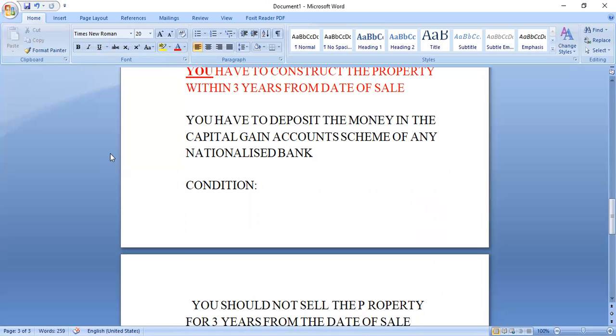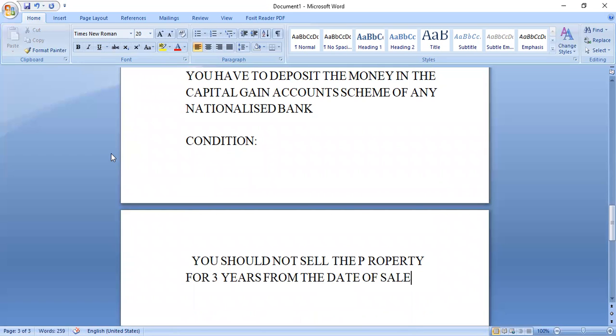What does it mean? After buying a new property, till 3 years, you have to keep the property with yourself. You cannot sell it. If you sell it, whatever exemption is given will be taken back, revoked. So till 3 years, you cannot sell the new house.